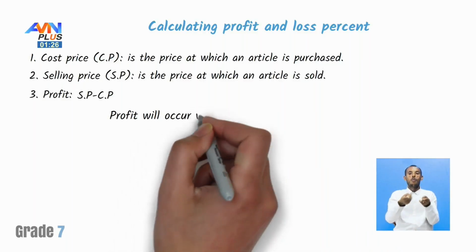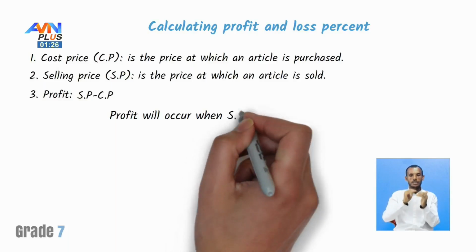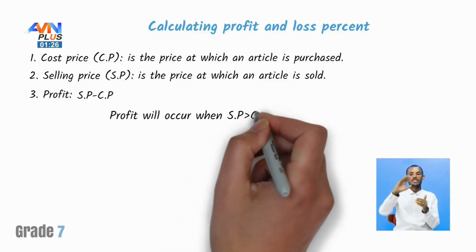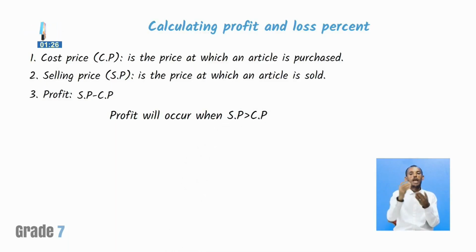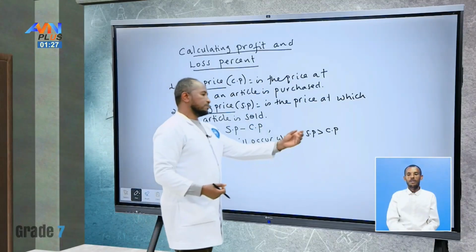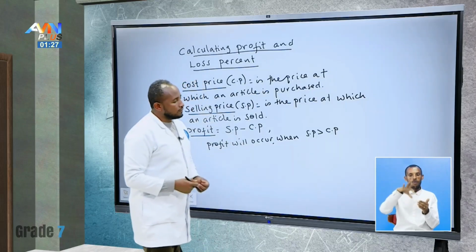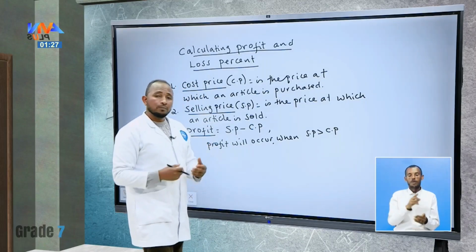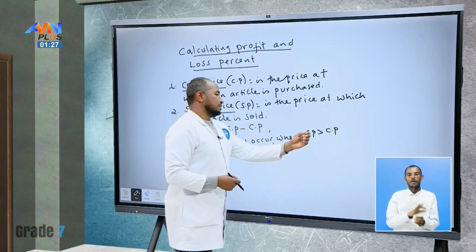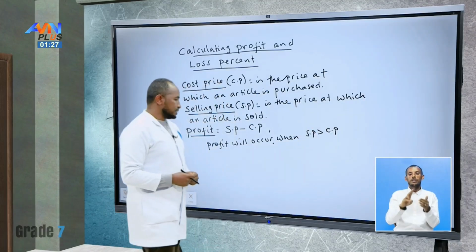If you sell for more than the price you bought, then you'll have a profit, and you calculate it by taking the difference between the two, selling price minus cost price.